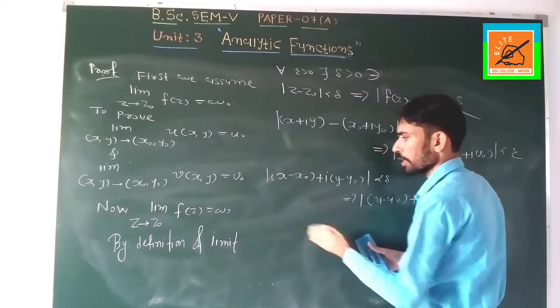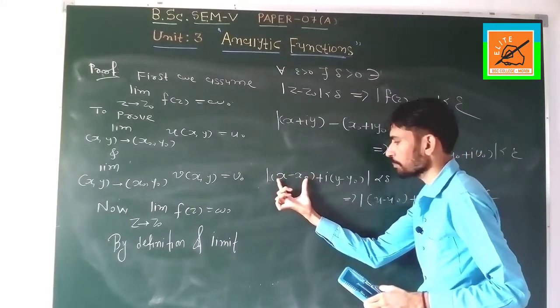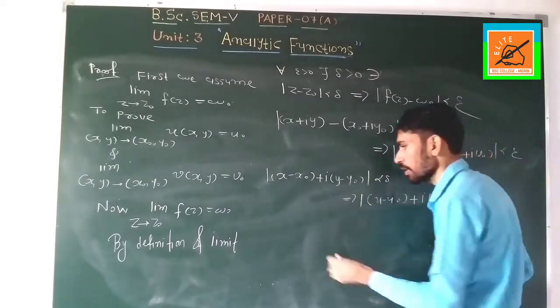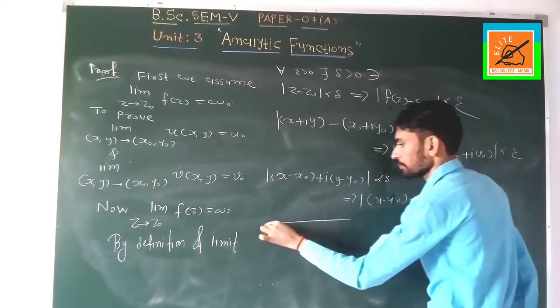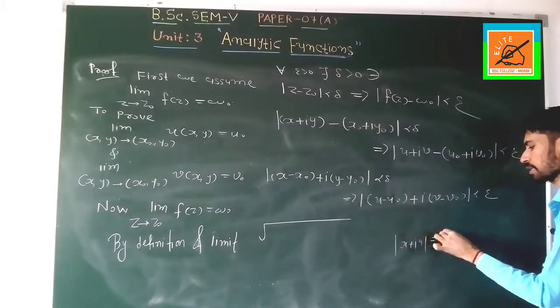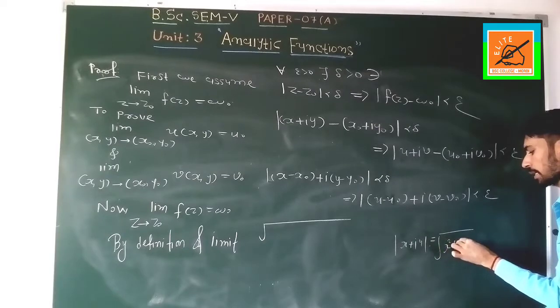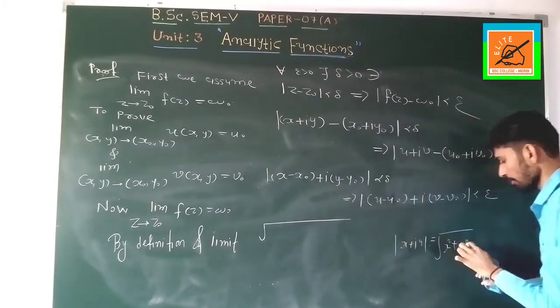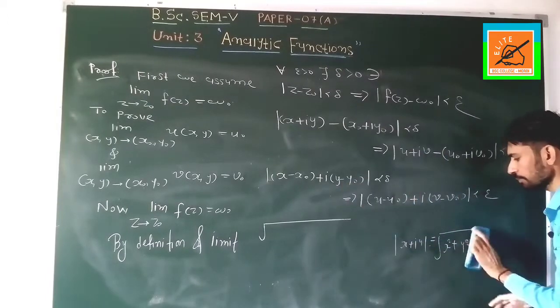We use our note: mod x plus iy can be written as under root x square plus y square. So our x is x minus x0 and our y is y minus y0.